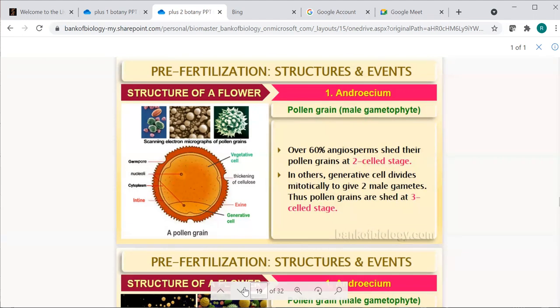Then from them, through mitosis, the 2-cell stage is formed, that is one vegetative and one generative. Then again, through mitosis only, it forms one vegetative and two generative cells, and that becomes the 3-cell stage.